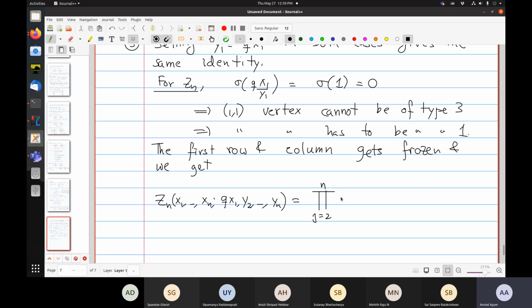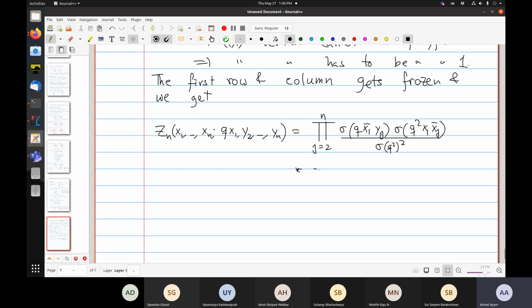Just accounting for all those extra things, you get sigma of q x1 bar yj, sigma of q squared x1 xj bar, divided by sigma q squared whole squared, one for each term, times Zn minus 1 of x2 up to xn; y2 up to yn, which is now the n minus 1th fellow.